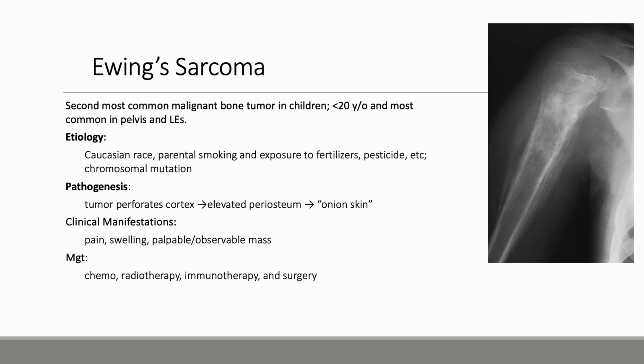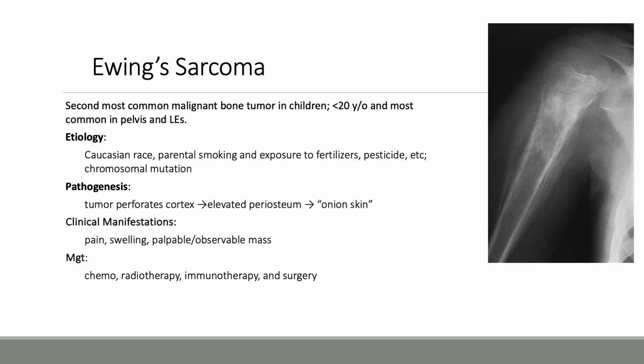Local bone pain is the most common presenting symptom, often following an injury like a sports-related incident. Ewing's sarcoma typically affects long bones, specifically the femur, tibia, fibula, and humerus, as well as the pelvis, ribs, scapula, vertebrae, feet, and craniofacial bones.